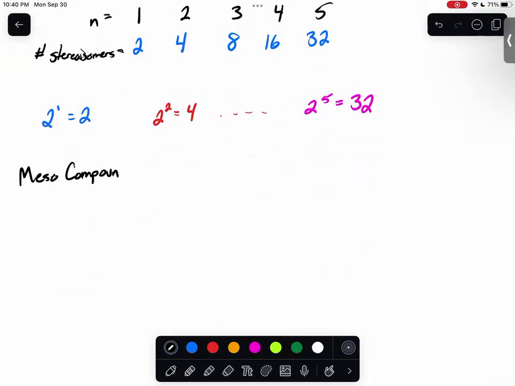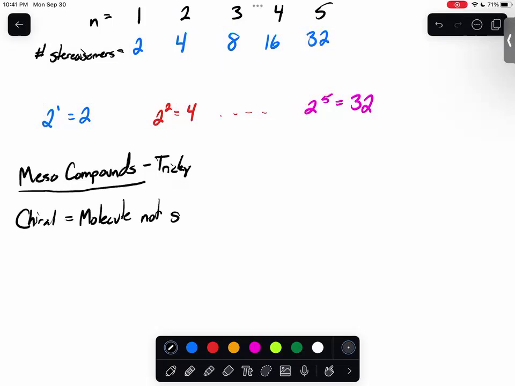And in undergrad, these were the bane of my existence, right? Because these guys are a little tricky to identify. The reason is because of our definition of chirality. As a reminder, we had defined chiral previously as a molecule that is not superimposable with its mirror image.